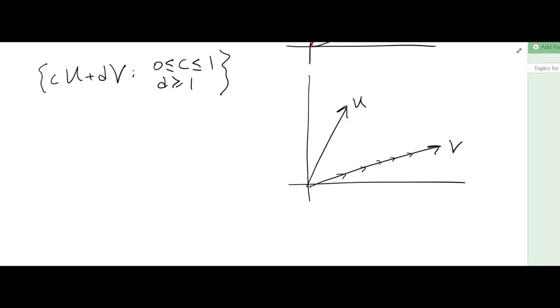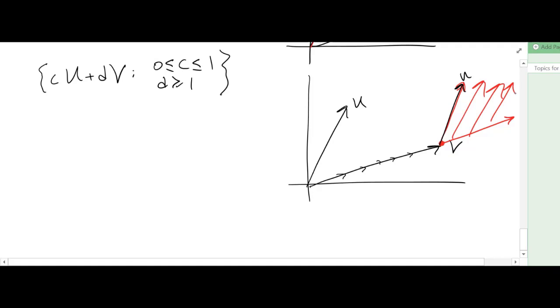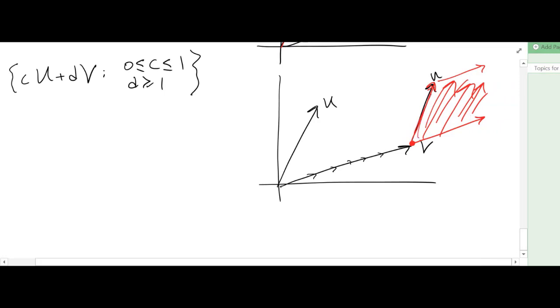So we can only get vectors starting at this point and going outward. We might as well just move v to this point so we know we're starting over here. And then at that point we can move u anywhere along v. We could make it longer if we want. So basically, everywhere to the right of this line here, we're going to get this whole plane.